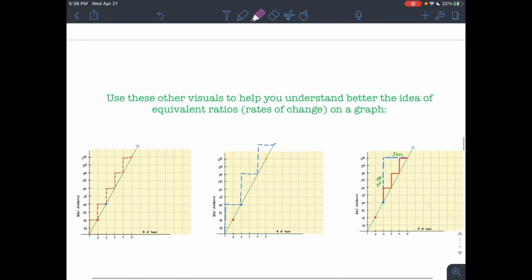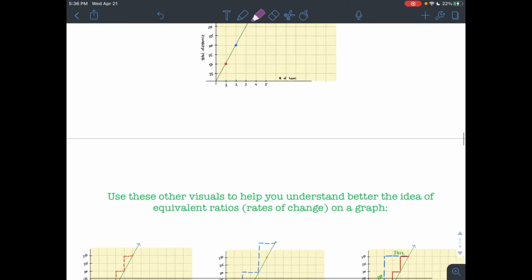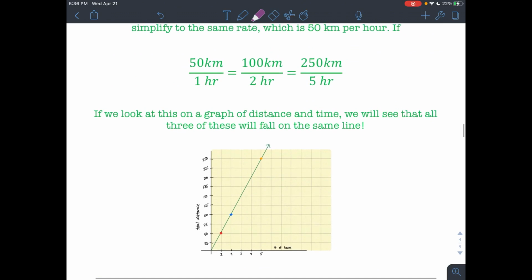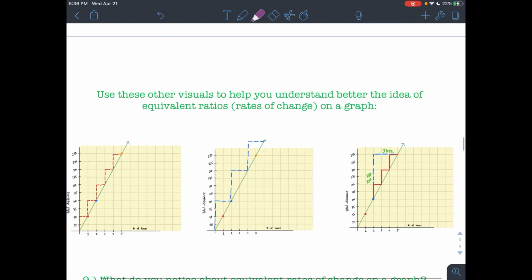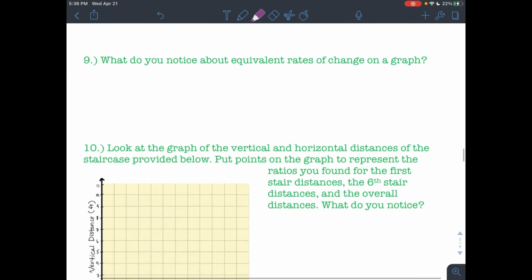Looking at these graphs, I want you to start visualizing the equivalent ratios, our rate of change, and what it looks like on a graph. This is from these values, not the staircase values. What do you notice about equivalent rates of change on a graph? Look at the 3 pictures that I showed you and write any observations that you might have.